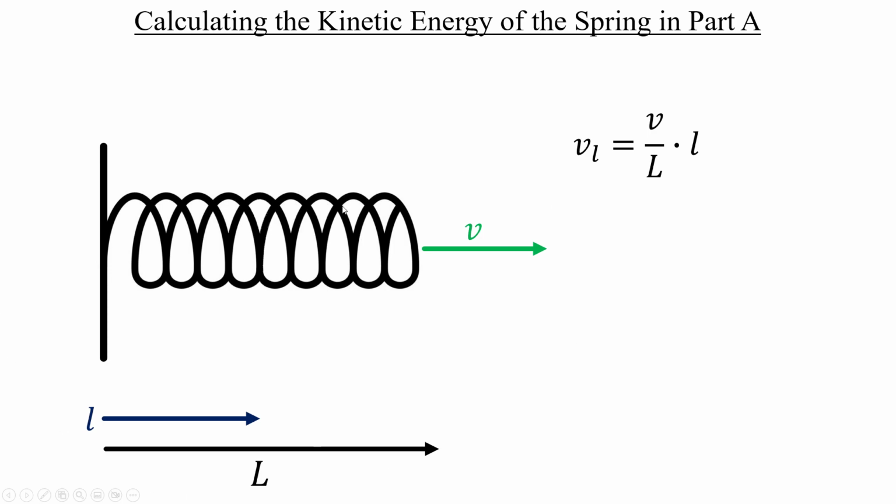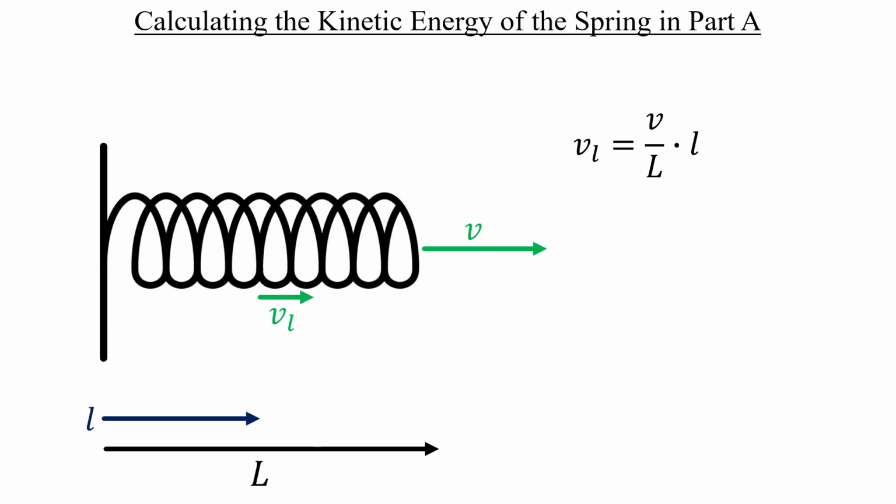Using this visual example on the left, I've picked a random length for lowercase l, which is about halfway along the length of the whole spring. With this equation in mind, that means that the velocity at this section will be about half the magnitude of the speed found at the end. So that's how that one works.